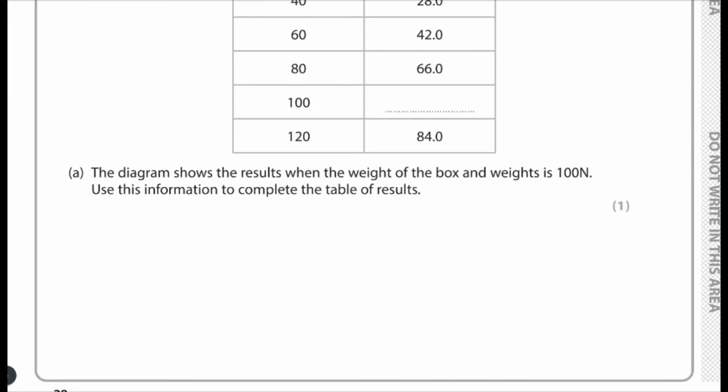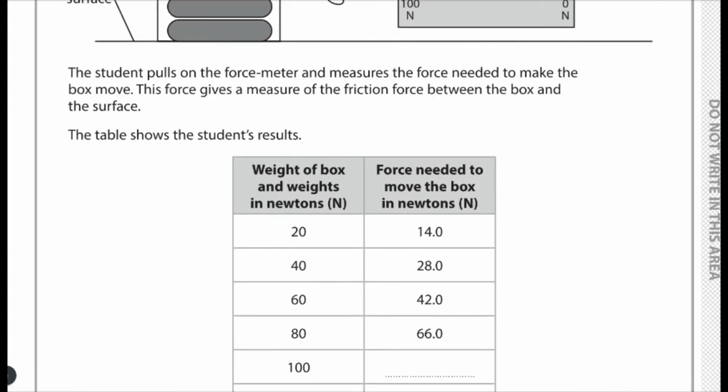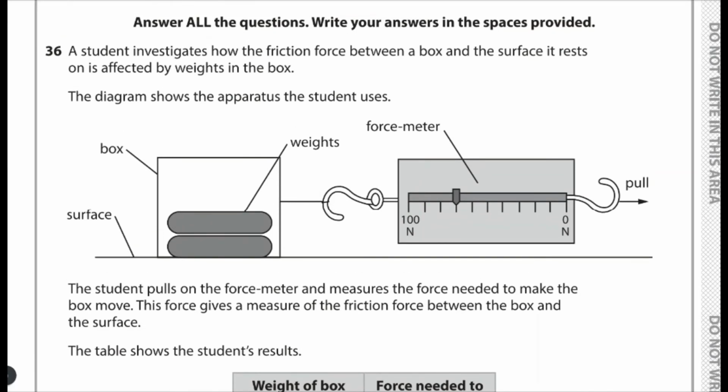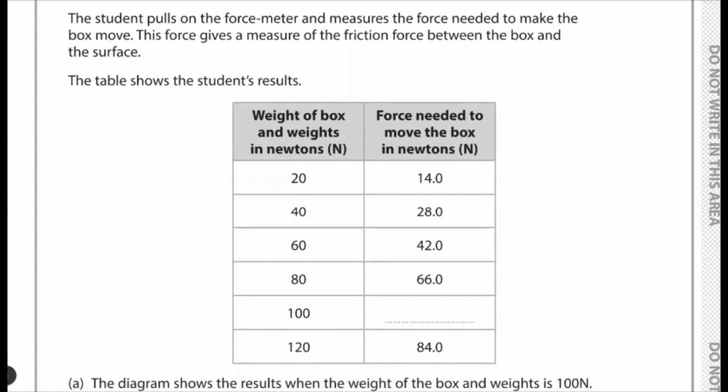Use this information to complete the table of results. So we can look at the reading over here. It's between 0 and 100. The force meter is at exactly 70.